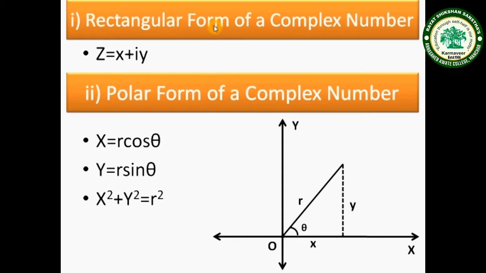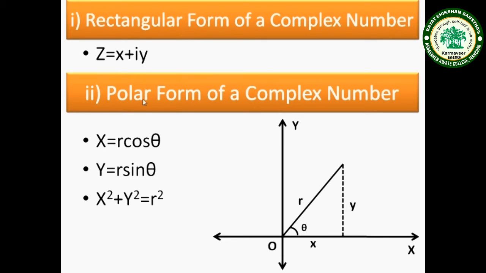This rectangular representation is very important, and it is the easiest representation of a complex number. Here the x and y coordinates are useful for the rectangular form.